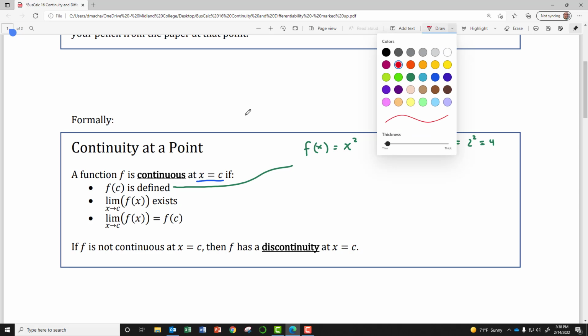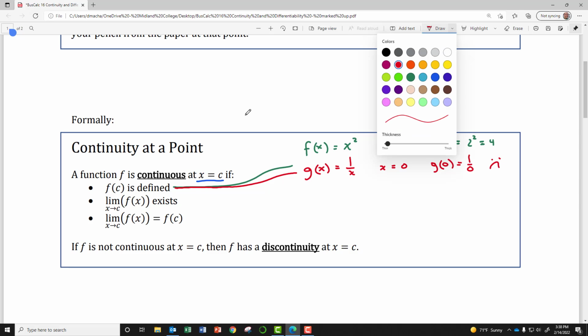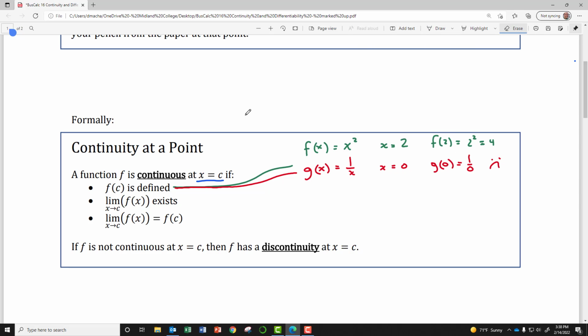On the other hand, an example of a function that's not defined at a point is g of x equals 1 over x. At the point x equals 0, g of 0 is 1 over 0, which is not defined. So that's one of the requirements for a function to be continuous at a point: it actually has to exist at that point.